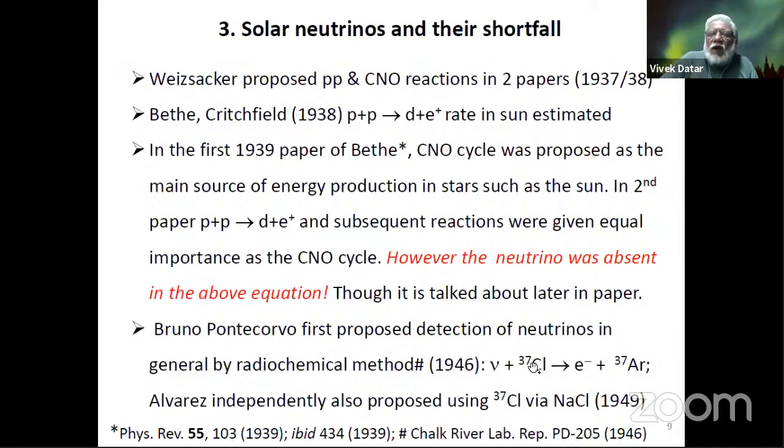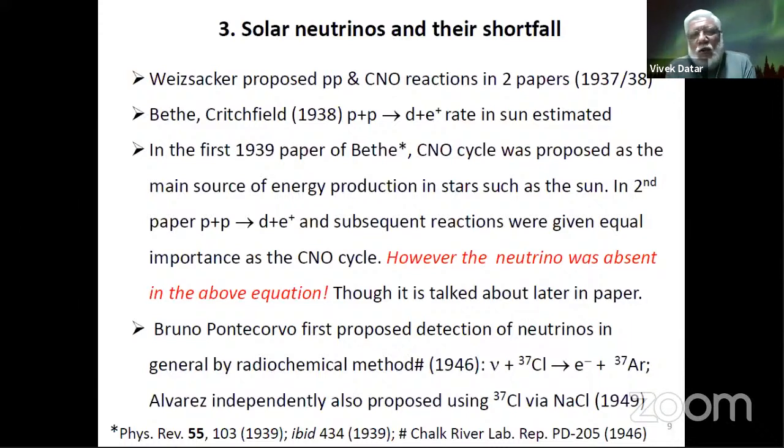The neutrino can interact with chlorine 37, producing an electron and 37 argon. Now 37 argon is a radioactive nucleus. It has a half-life of about 35 odd days, and if you produce it over a month or 2 months, and you can extract this radioactive argon and count it, then you have basically integrated the flux of neutrinos over your detector for a period of about a month or 2 months.